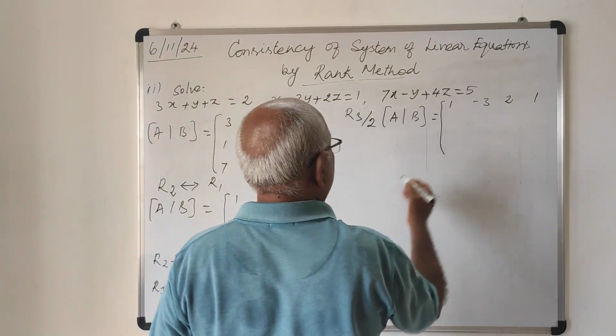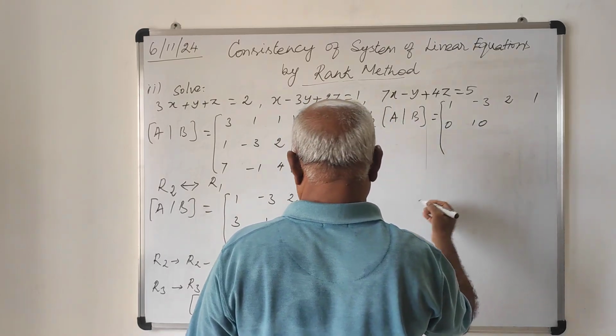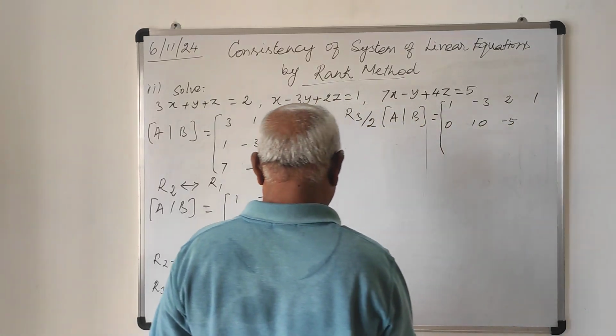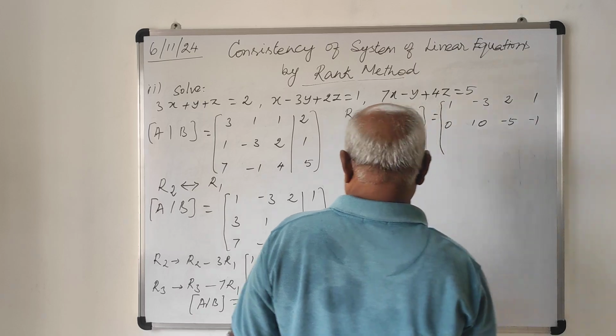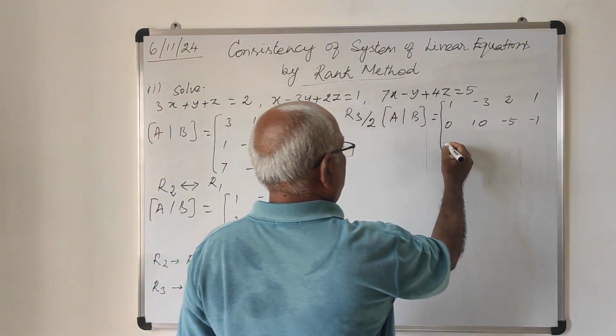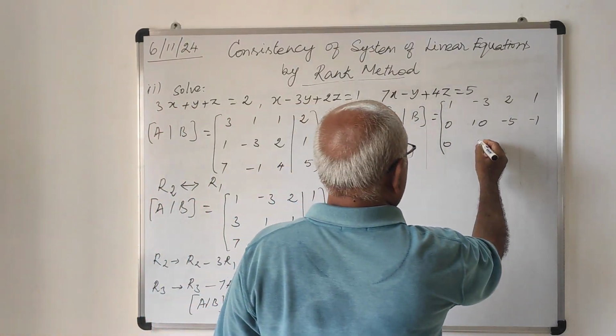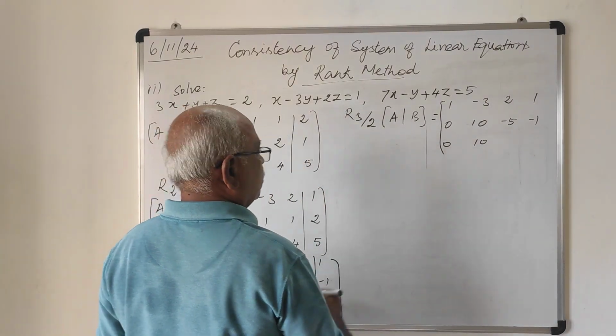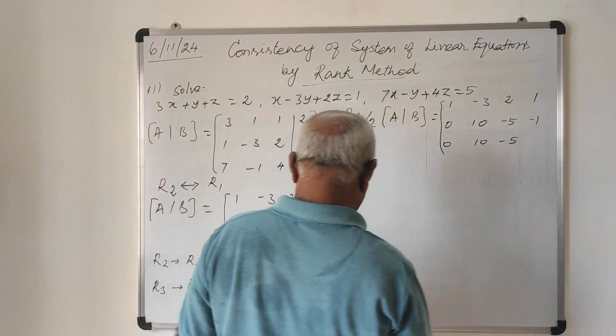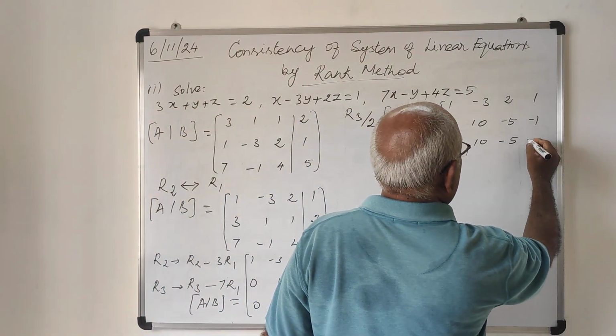Second row, 0, 10, minus 5, minus 1. And the third row divided by 2: 0 by 2 is 0, 20 by 2 is 10, minus 10 by 2 is minus 5, minus 2 by 2 is minus 1.